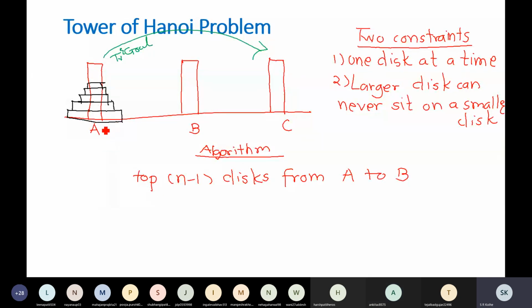That largest I will have to move from A to C, right? Largest from A to C. Now I can do that. Then all the n minus 1 disks which are on B, you will have to move to C.